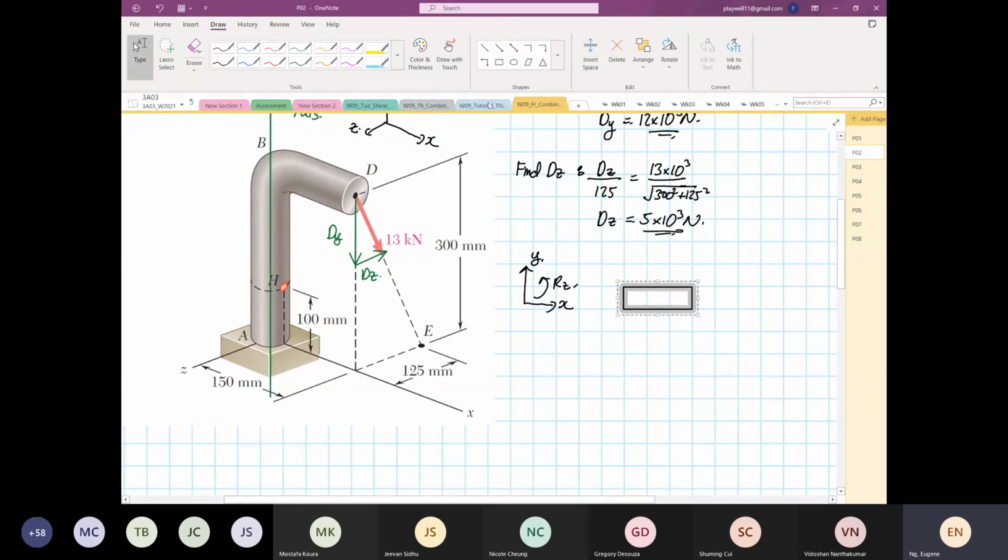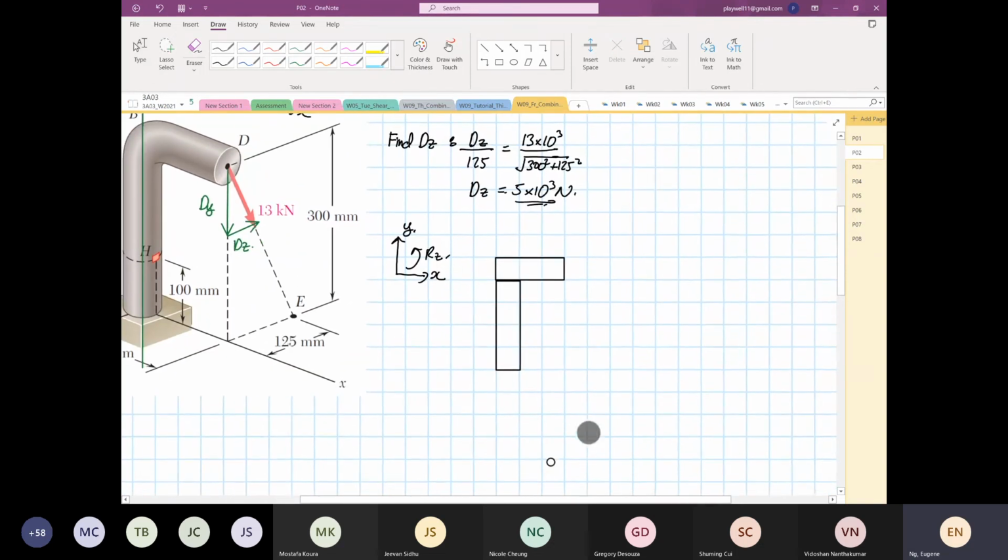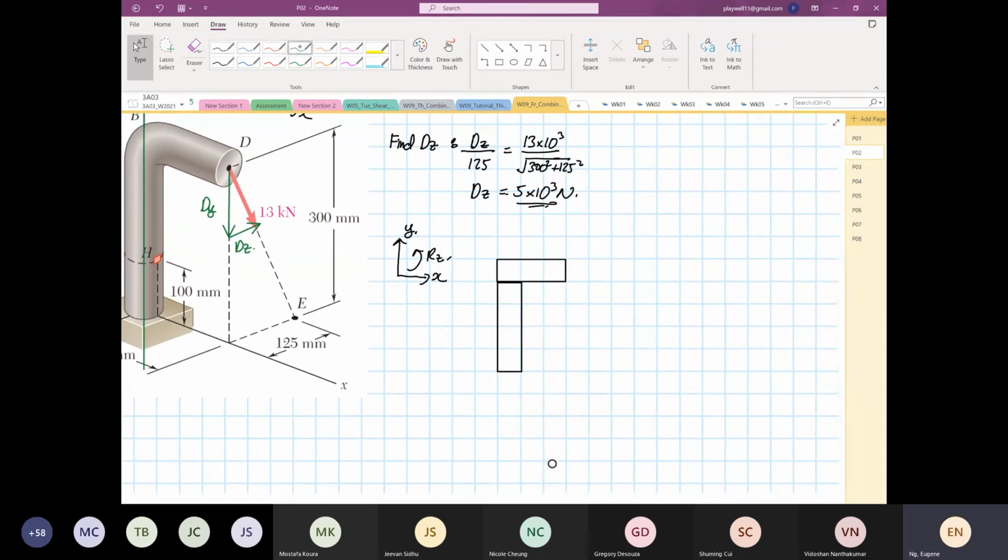I'll tell you why just 200: because where the element is standing is at 200. First thing we're going to do is construct the neutral axis. And exactly down here, that is our element H.